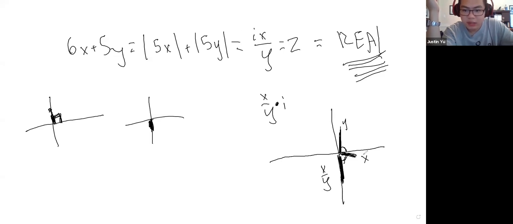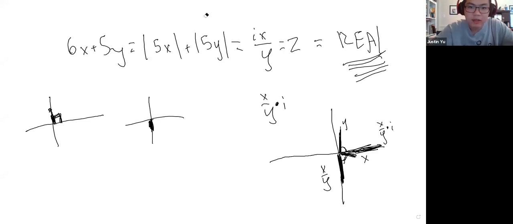You see that I'm just subtracting the angles because I'm dividing. But because I multiply this by 90 degrees, it goes all the way over here. So this is x over y times i. All right, hopefully more of you are convinced that this is the correct interpretation, that x and y are 90 degrees apart.